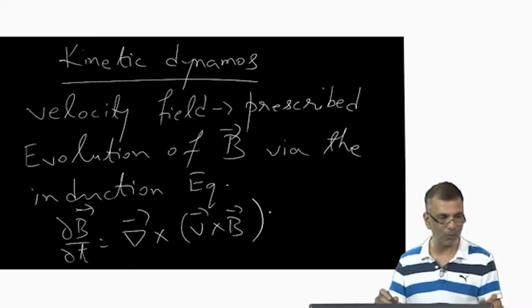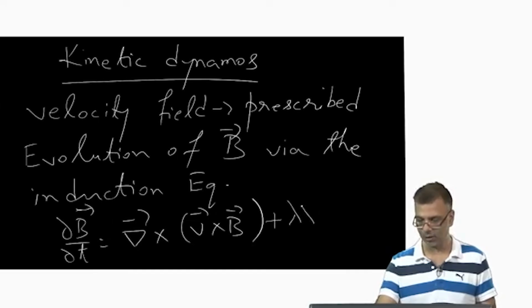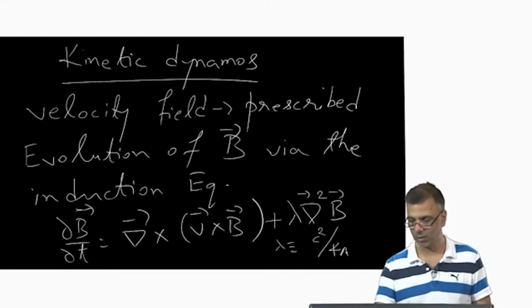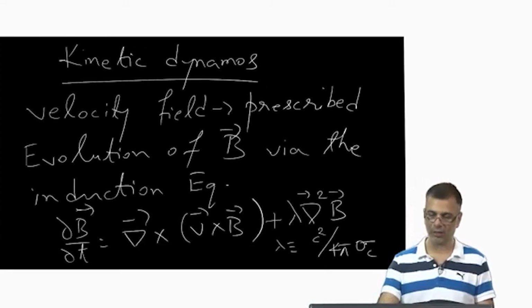No matter what you do, there is always a resistive term, this kind of a resistive term, where the lambda is related to the conductivity. All this is in CGS, mind you. So, lambda is c squared over 4 pi sigma, where sigma is the conductivity.